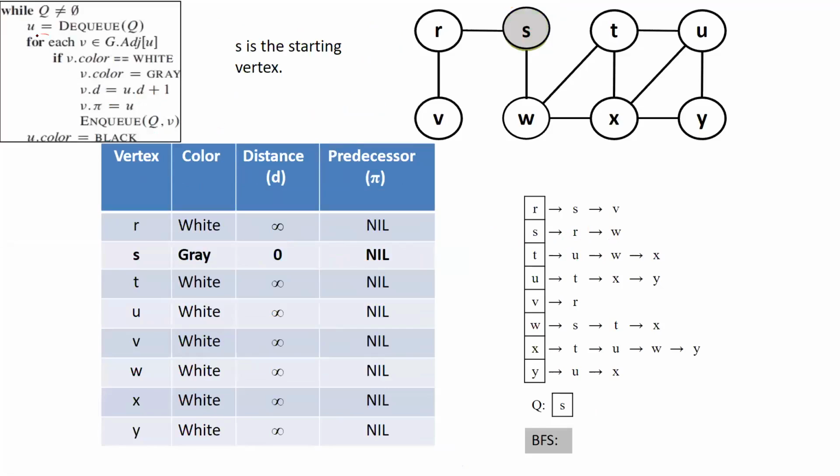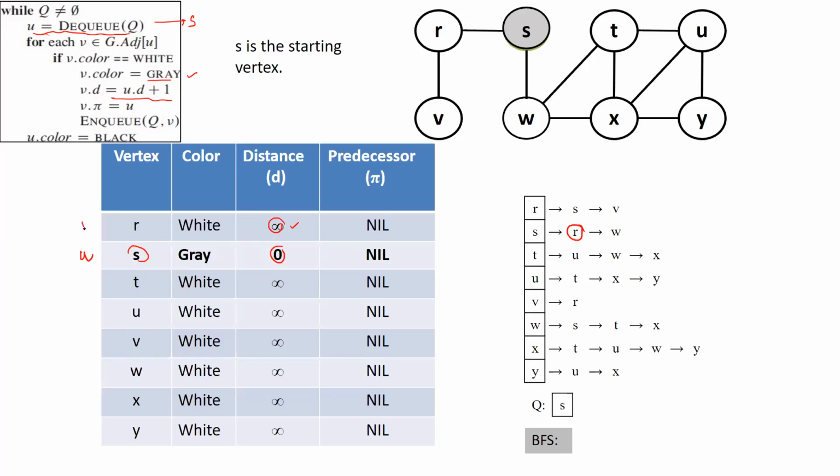First we will dequeue the vertex. The dequeued vertex is S, and an adjacent vertex of it is, say, R. R is there, and we will set its color to gray, and the distance is incremented by 1 unit. The distance of R will now become 0 plus 1, that is, the distance of the previous vertex plus one.